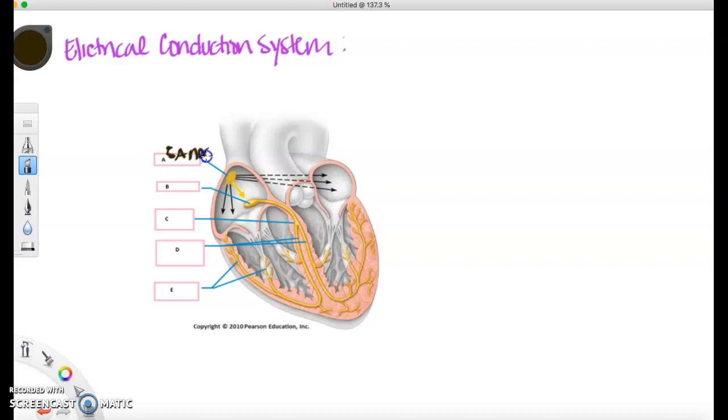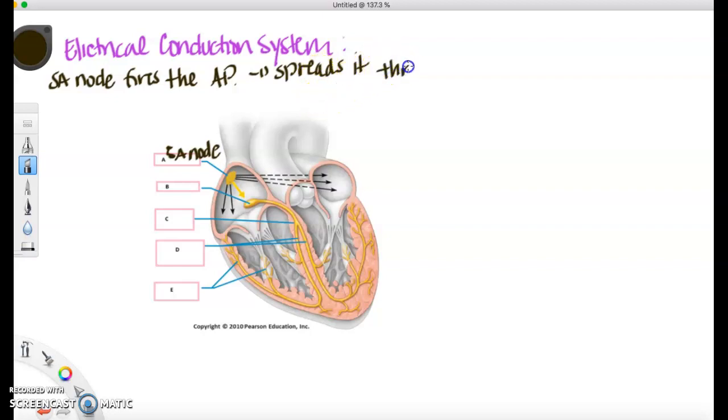And the SA node fires the action potential and then spreads it through both atria.